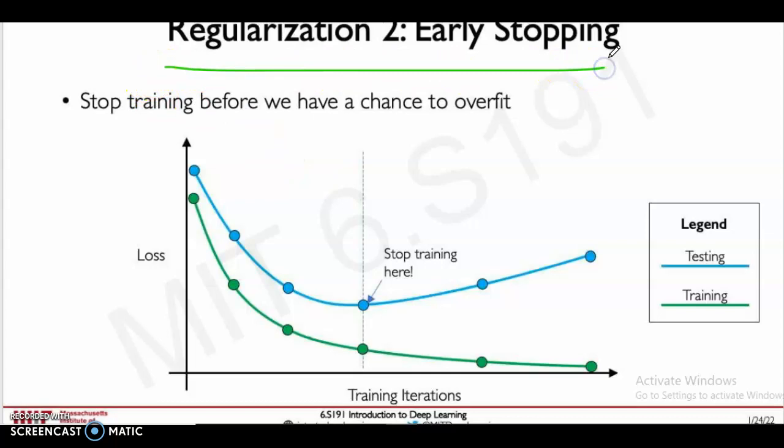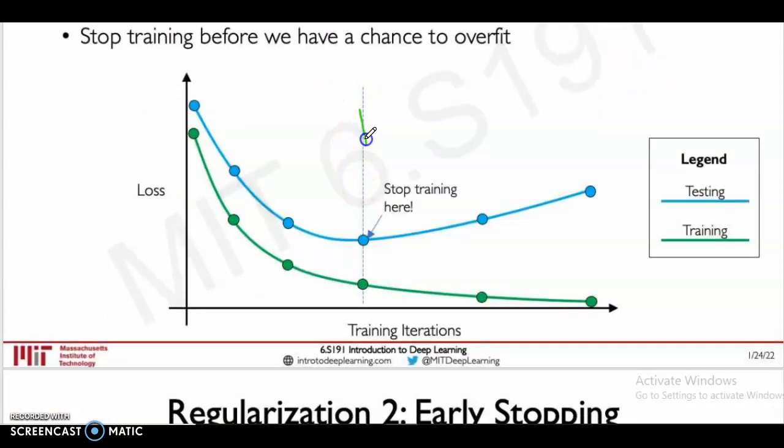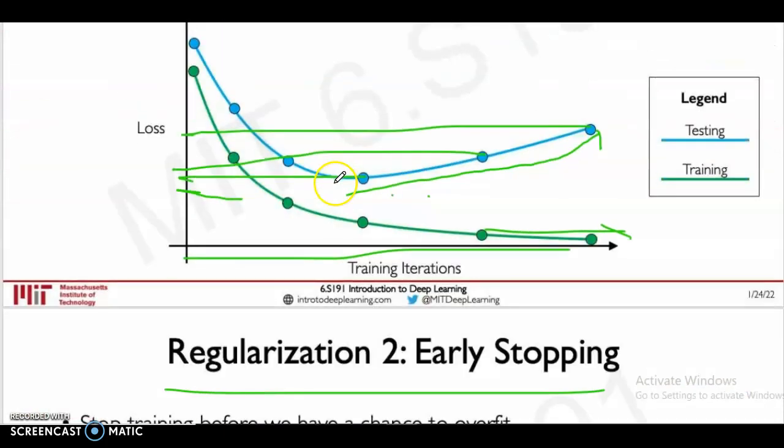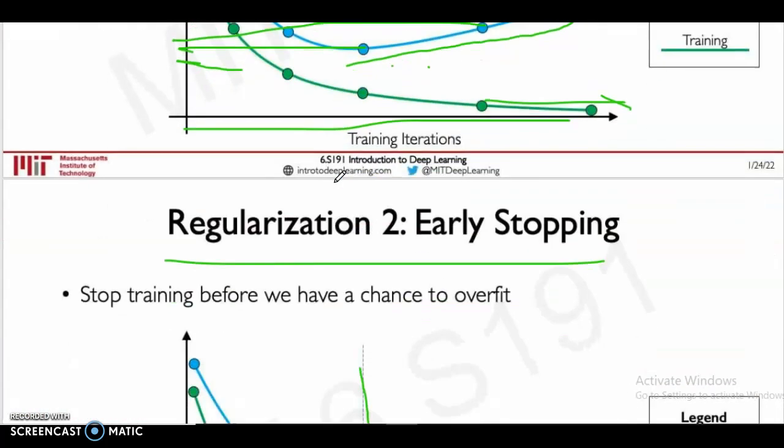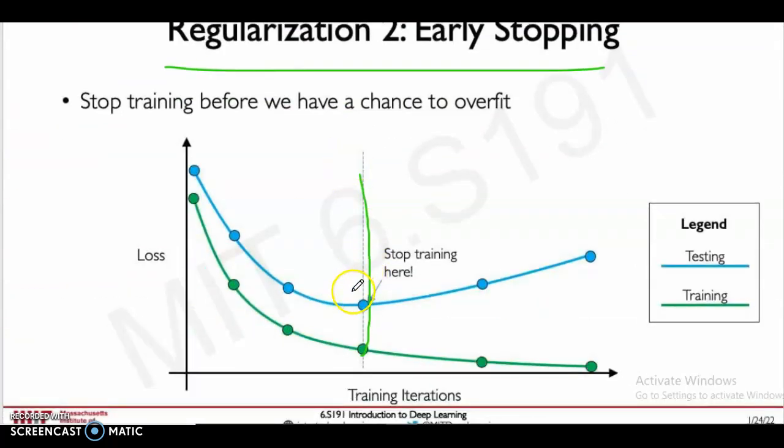Regularization through early stopping: we stop the training here, where the testing loss starts to increase. Both are correlated. Stop training before we have a chance to overfit.